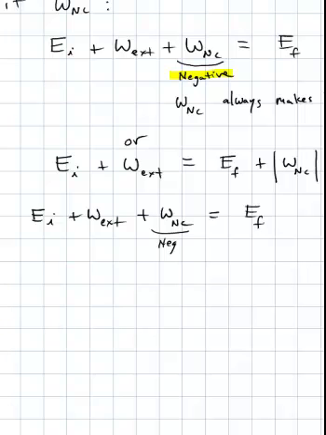So we only know of 3 types of mechanical energy right now. We've got kinetic energy, energy of motion. We've got elastic or spring potential energy, energy stored in a spring. And we've got gravitational potential energy. So I'm just going to write them all out here. I've got 2 masses in my system.